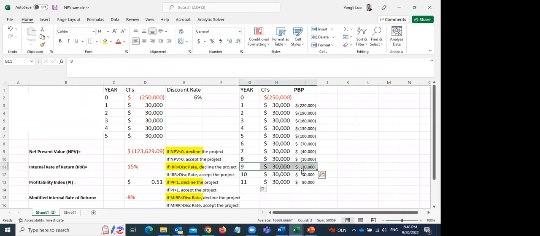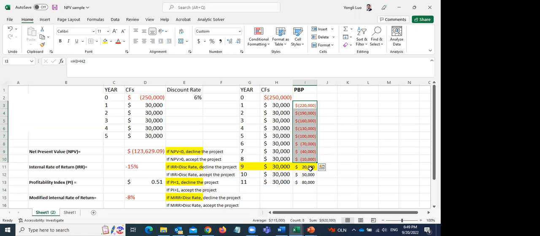So you see year 9, year 8, this number is still negative, right? All those payback periods are negative. So year 9 becomes positive.